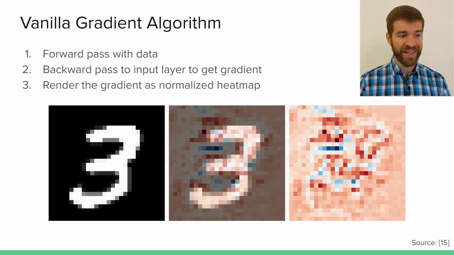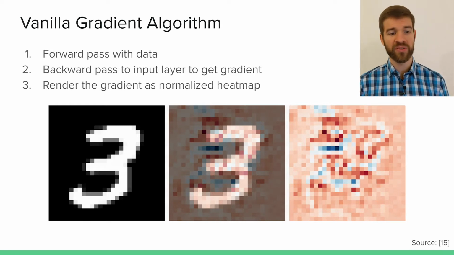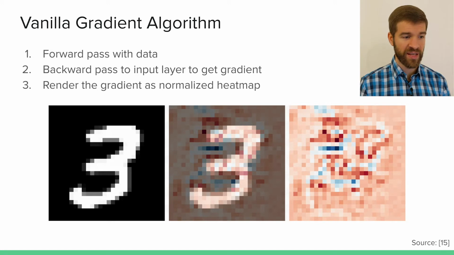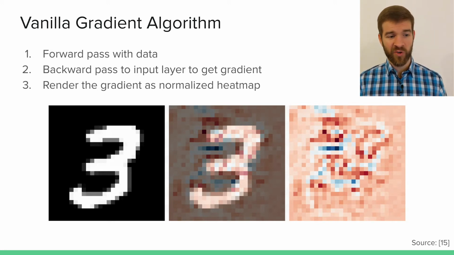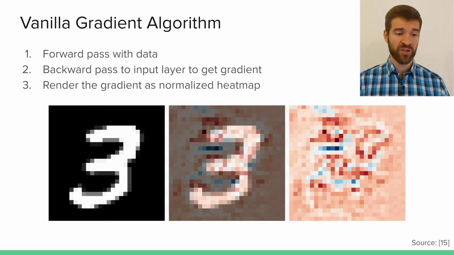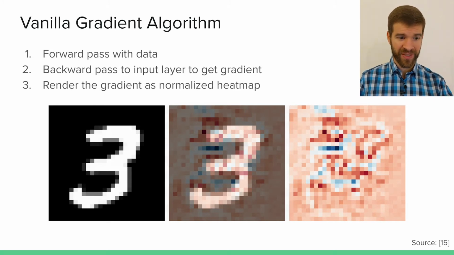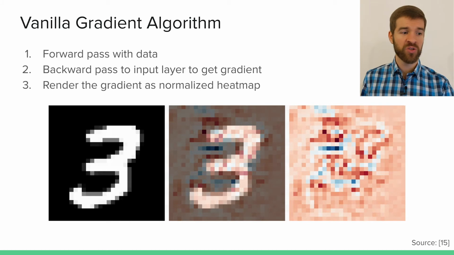So high negative values are near blue, high positive values are near red. The gradient, remember this, tells us basically for every amount you change this particular input pixel, I change the output probability for a class this much.